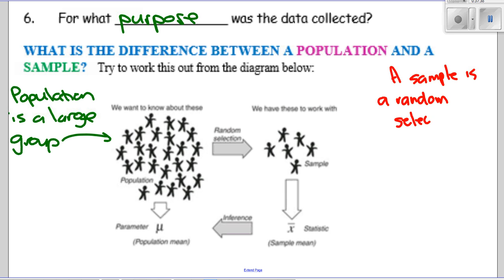The population is a larger group, and a sample is a smaller selection from that population. And Isabella, you also mentioned it in a mathematical sense as well. Yeah, a sample is a subset of the population.